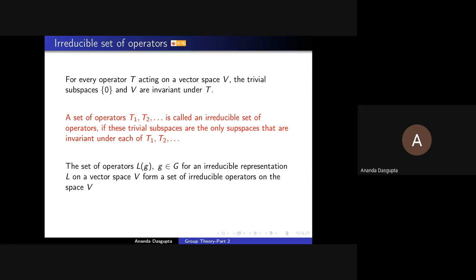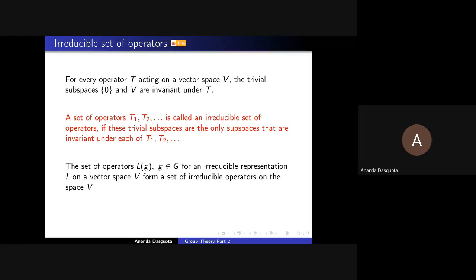That really means LG, the set LG, which is LG1, LG2, LG3, up to LGN, all of the LGs together, they form an irreducible set of operators on that particular vector space. So irreducible representation essentially means that you have an irreducible set of operators.